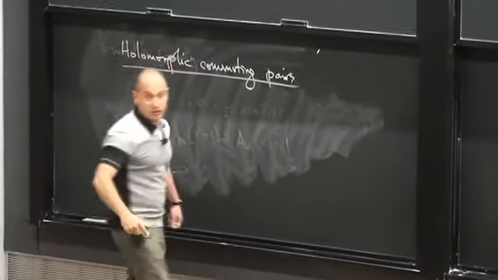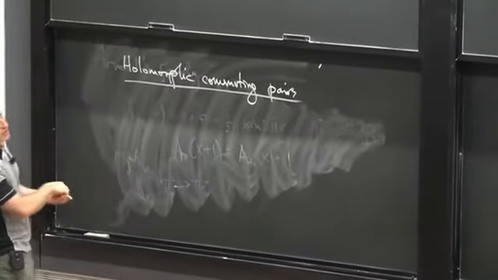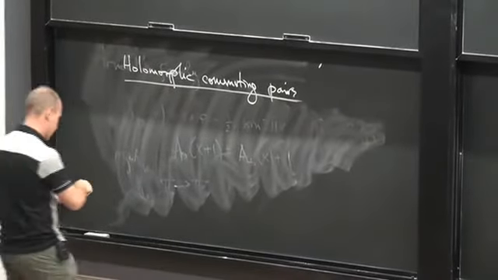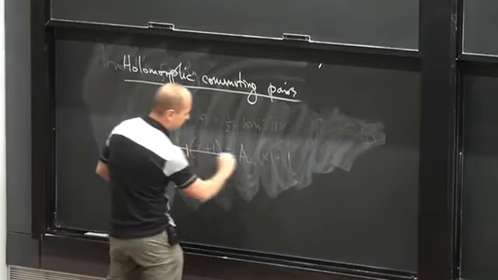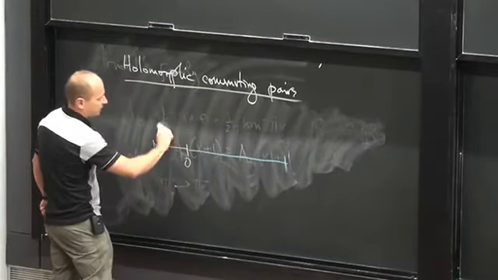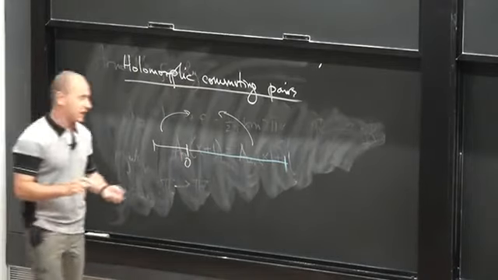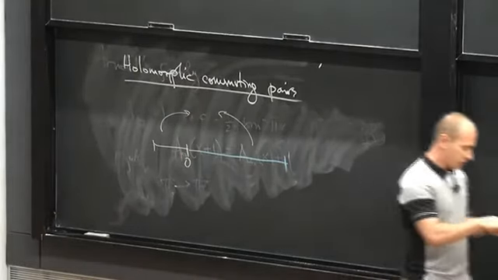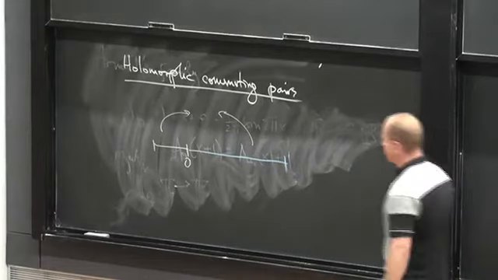And I'll draw you a picture of what a holomorphic commuting pair is. So what are the colors I use? Orange and blue. Okay, so here's my pair of maps. And a holomorphic commuting pair is an extension of this picture to the complex plane of the following form. It looks like a butterfly.